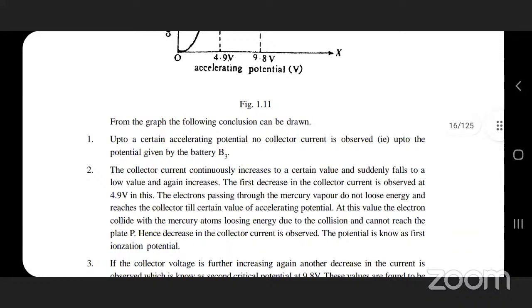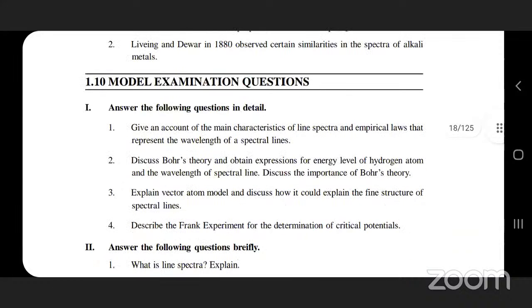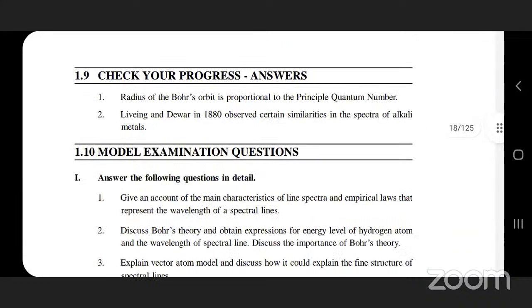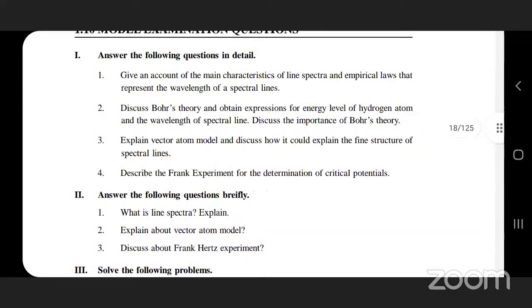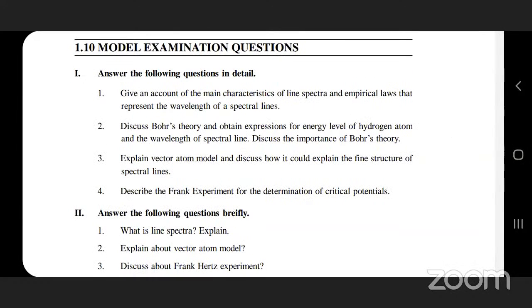Briefly, what is spectra, what is line spectra, what is atomic spectra, and discuss about it. For the X-ray question, give an account of the main characteristics of the light spectra and the empirical laws used there, and discuss Bohr's theory.